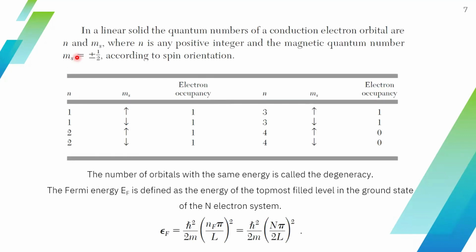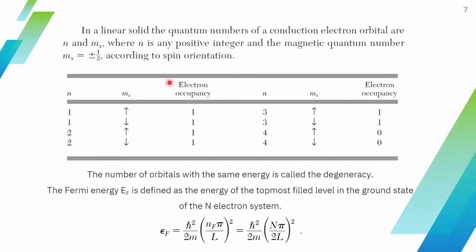Now, we know that in a linear solid, the quantum numbers of a conduction electron orbital are n and m s. n is the quantum number and m s is the spin quantum number. n is a positive integer and the magnetic quantum number may be plus 1 by 2 or minus 1 by 2 according to the spin orientation.